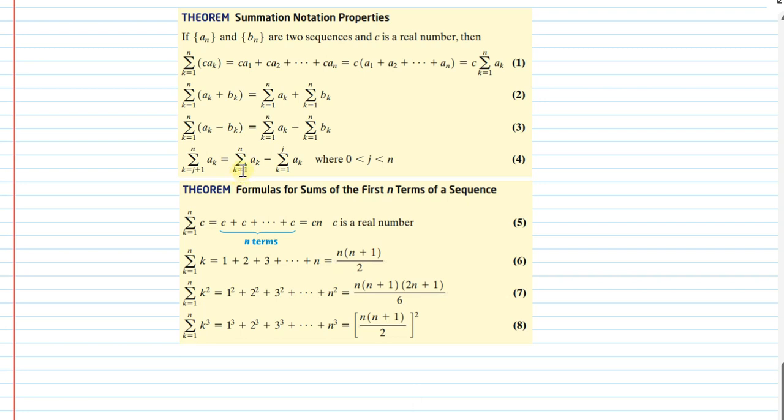So I'm going to go from 1 to 100 of the series and subtract 1 to 90 from it, and I get the series from the 91st term to 100.